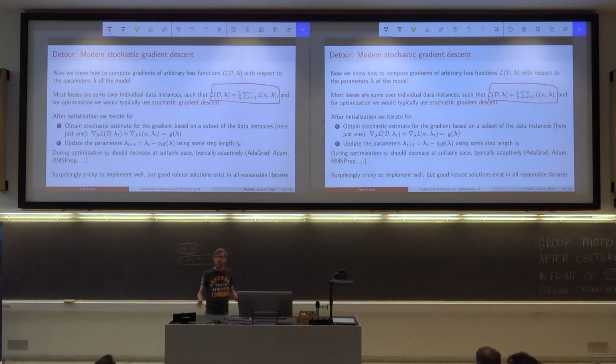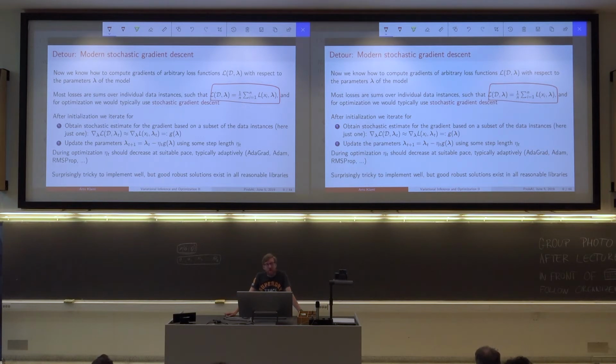You have a data set with n examples. Your loss factorizes over these individual data points. It's a classification problem or something. You feed in one input, you compare the output to the true value. So you have a loss that is some sort of a sum over the data instances.